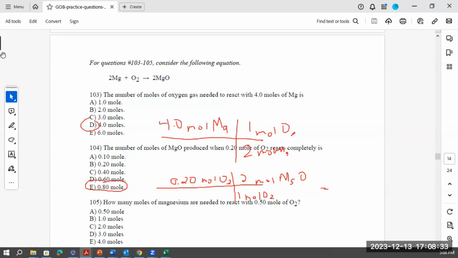That is correct. Because in this case, we're starting off with 0.5 moles of oxygen. And we know that the ratio is for every 1 mole of oxygen on the bottom, we have 2 moles of Mg on top.